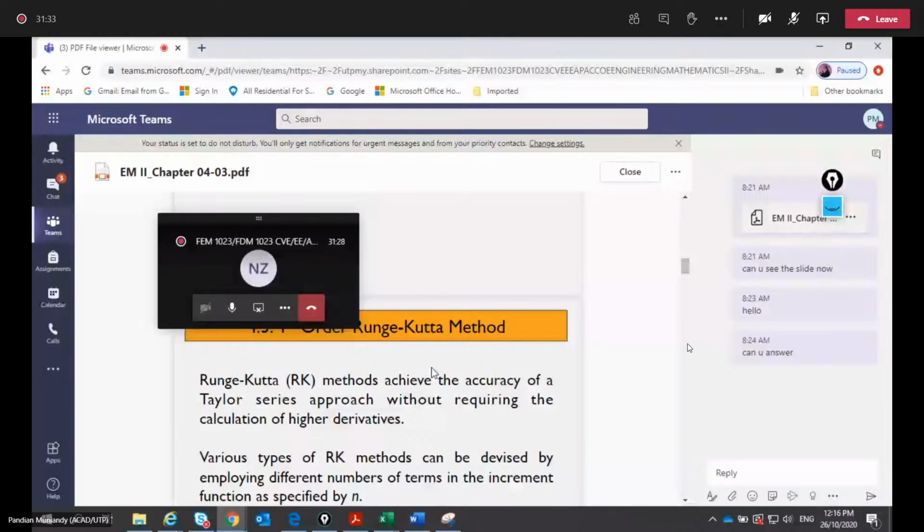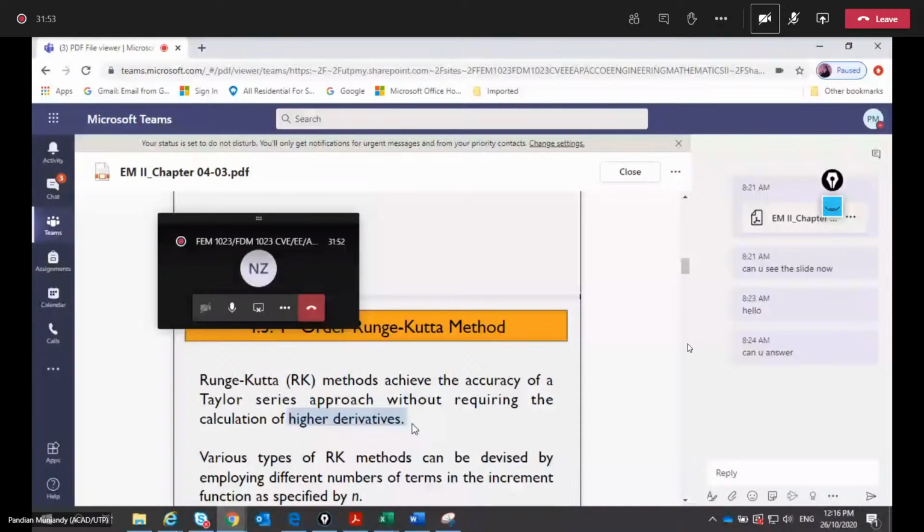Remember, RK. So Runge-Kutta methods achieve the accuracy of a Taylor series approach without requiring the calculation of higher derivatives. This is the keyword. It does not require higher derivatives.